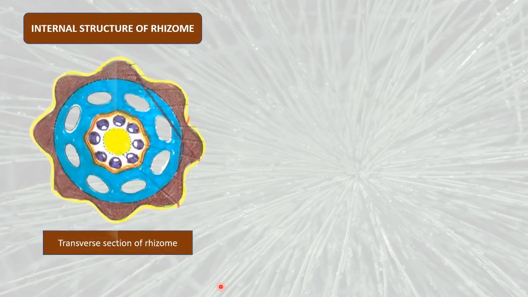Now we understand the internal structure of rhizome. And again, if you remember, I had told that the rhizome and the aerial shoot, both of these have nodes and internodes present. So their structure would be almost same, except for some differences that we need to see. So there is epidermis present, right?